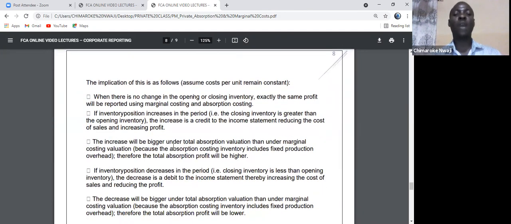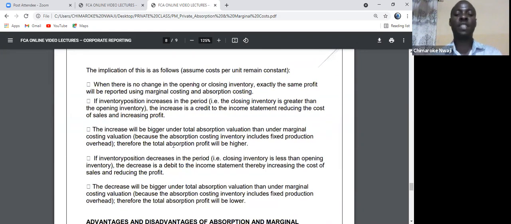The implication is where I want you to dwell on. The implication of this is as follows. When there is no change in the opening and closing inventory, like we saw in MC1 and MC2, when there was no opening stock or closing stock, if you do absorption costing method and marginal costing method, you will get exactly the same profit for the two of them, because the difference is usually accounted by checking the inventory.